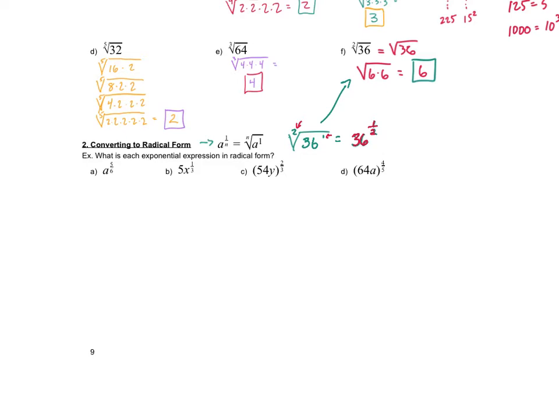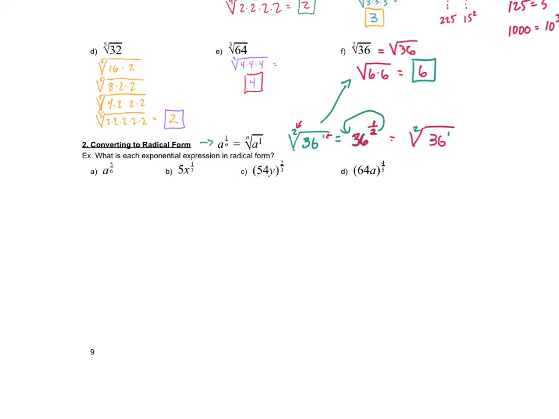If I convert that back to the radical, I have 36, and then the 2 will come over and become the index of the radical. So we convert it back and forth, and that's what this diagram is showing: a to the 1/n power is the nth root of a to the first.